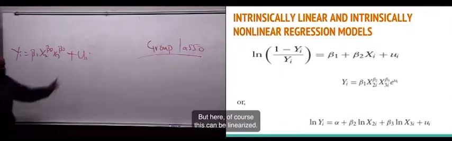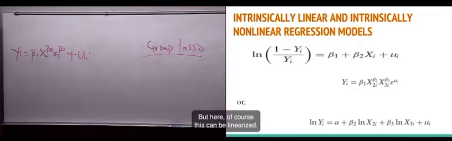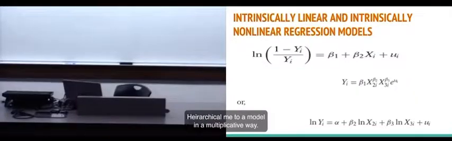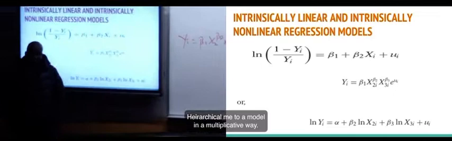Do you see that? But the other one can be linearized, because we have different versions of Cobb-Douglas, depending on the way error comes into a model. Error could come into a model in an additive way, or in a multiplicative way.